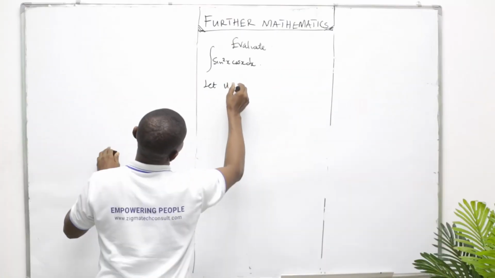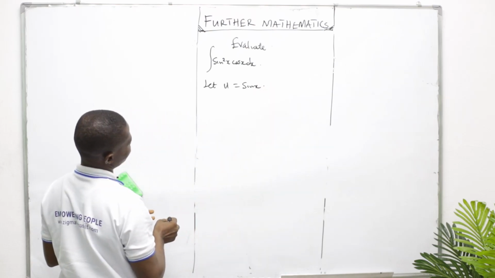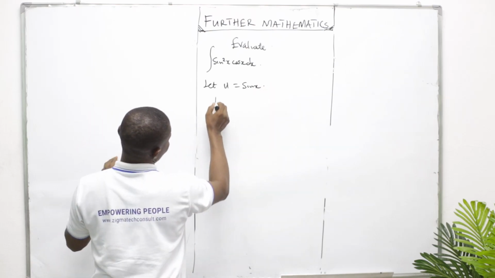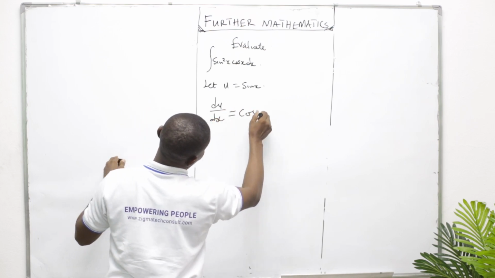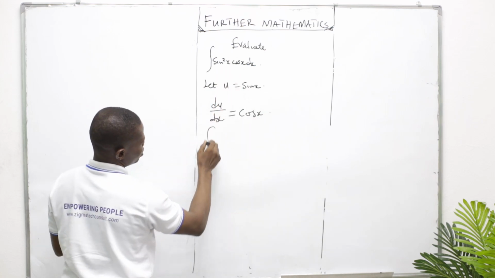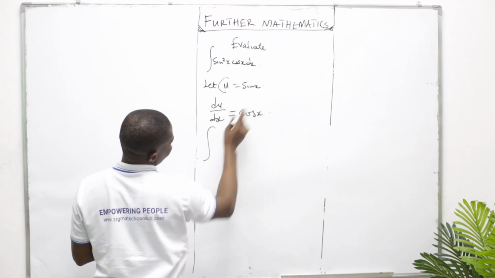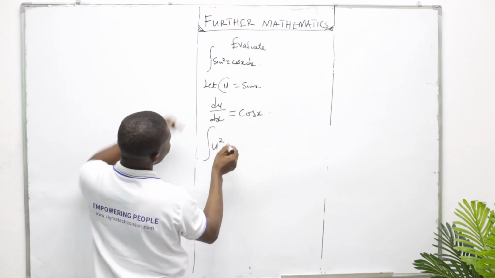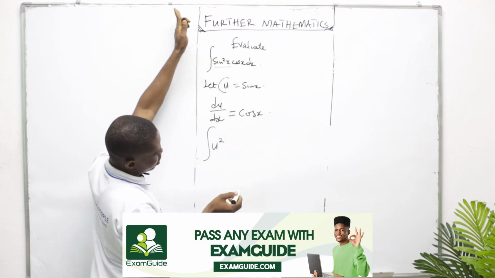Let u equals sine s. Then du ds equals what? Cos s. We'll go back again. Integral of, recall you said u equals sine s, meaning I'm seeing here as what? u squared now. I'm no longer saying sine s, sine square s.